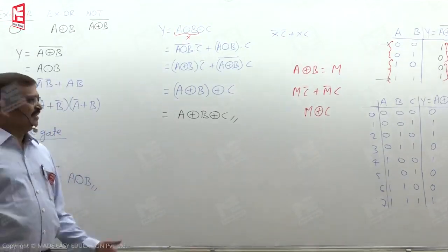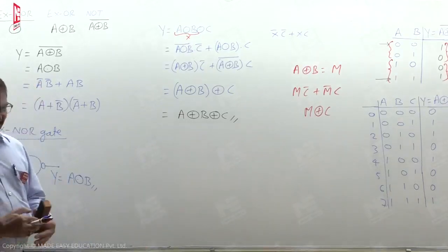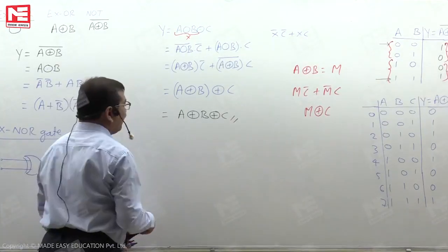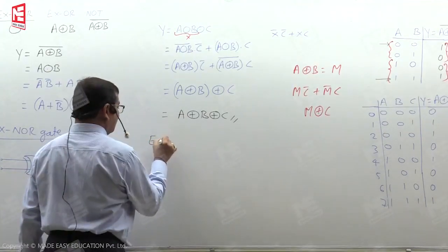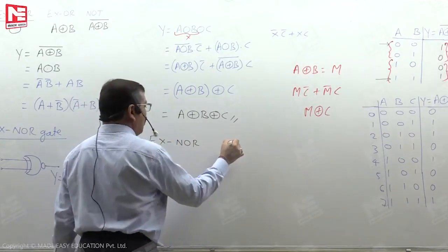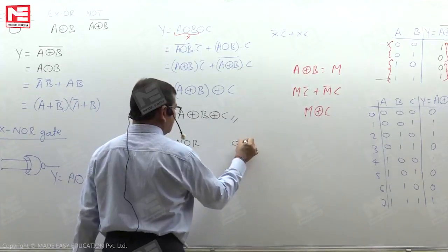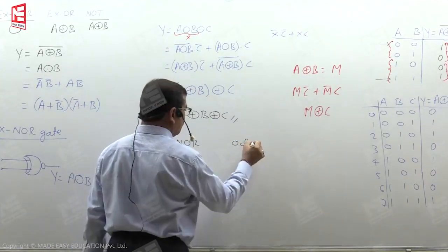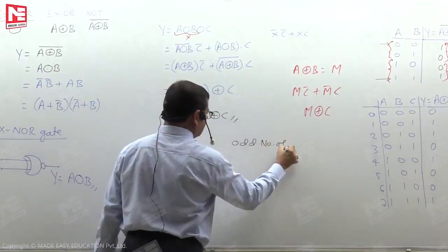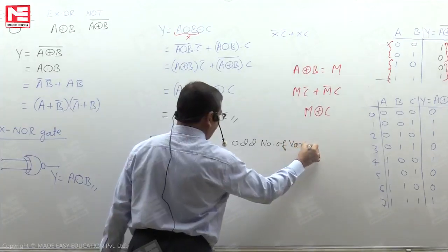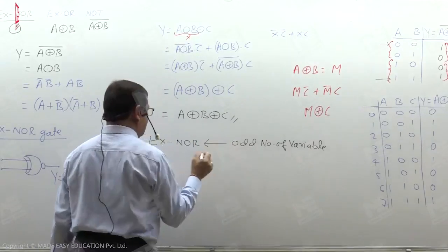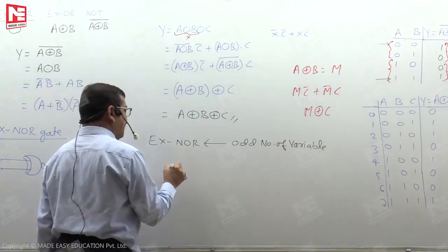Hence, we need to say now: whenever we have the XNOR result on an odd number of variables, when we have the XNOR operation on an odd number of variables, the result of XNOR and XOR is the same.